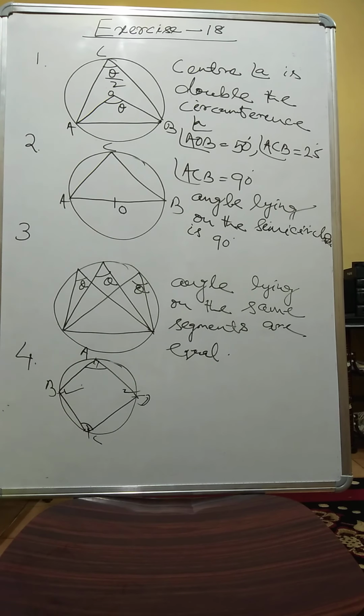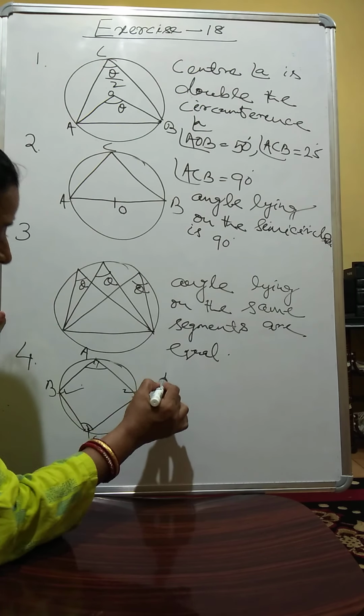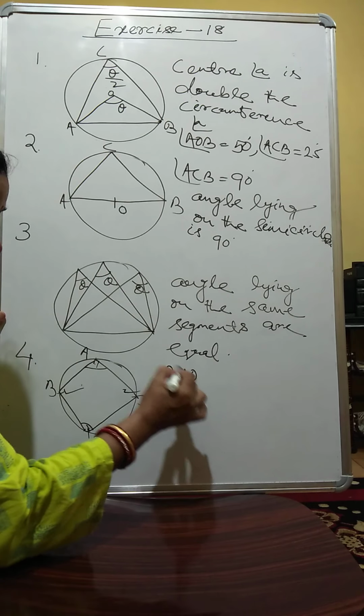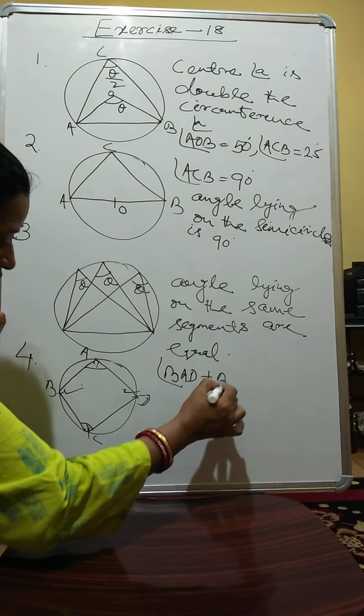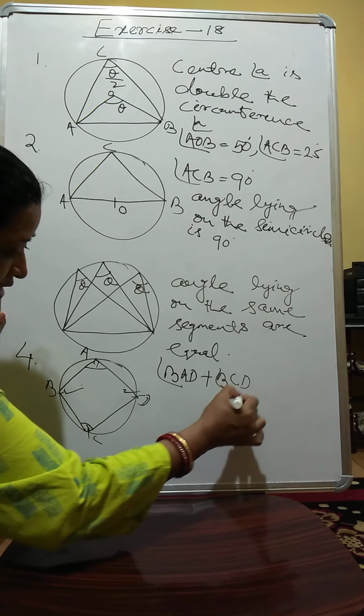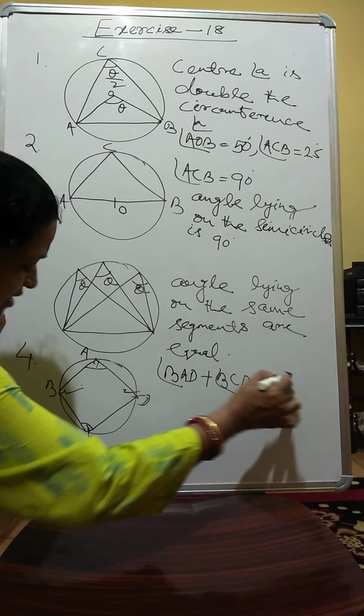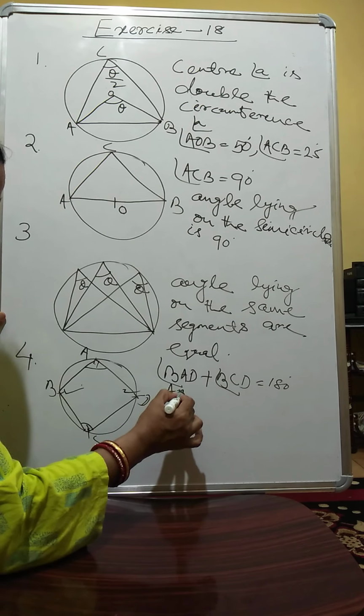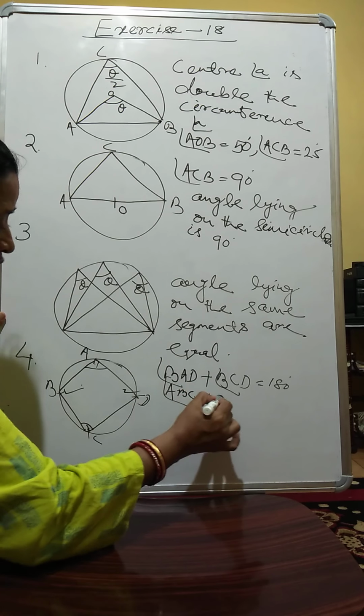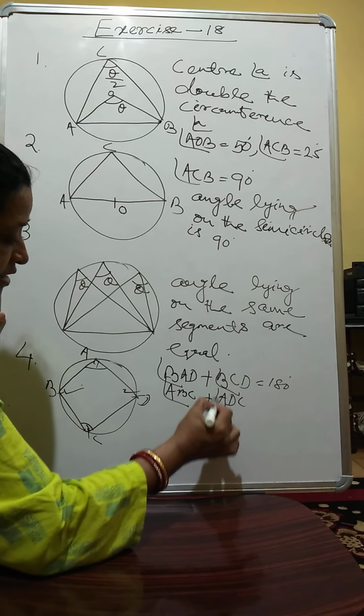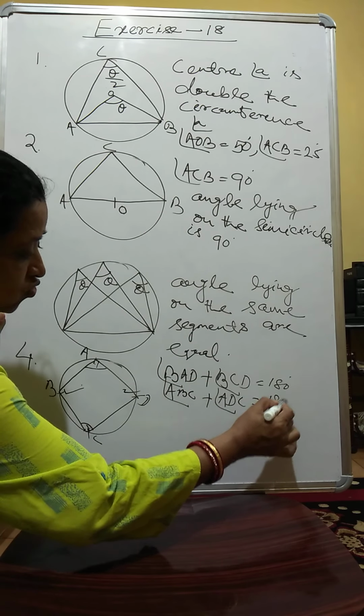I can write BAD plus BCD is 180, or ABC plus ADC is 180.